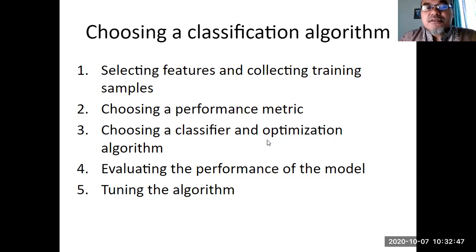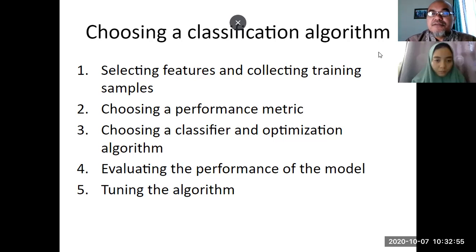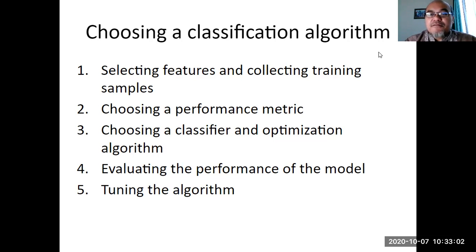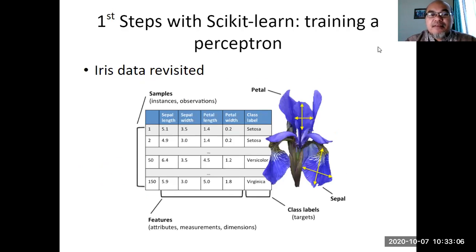After that, you choose the classifier algorithm and optimization algorithm. Sometimes different algorithms will behave differently according to the data. Then evaluate the performance of the model and finally tune the algorithm.